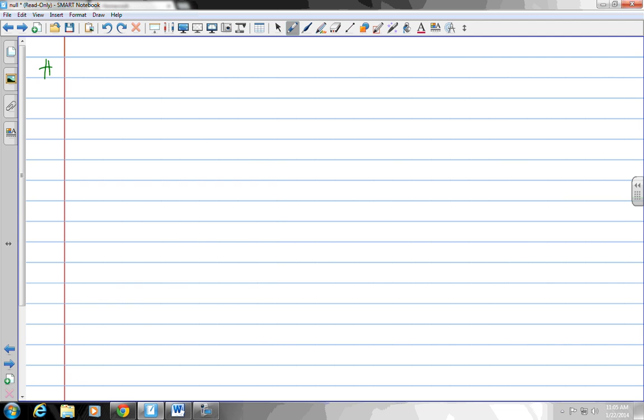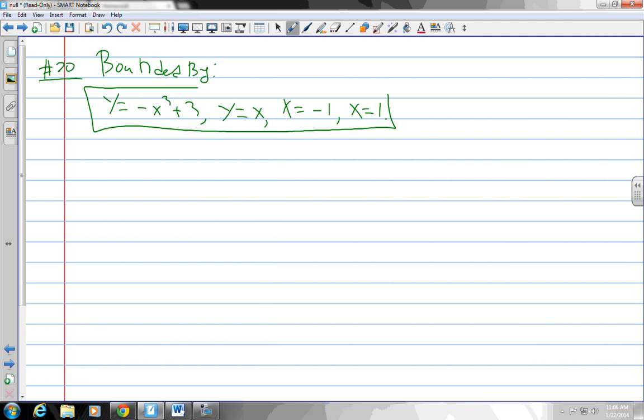This is number 20 out of your book. So the region bounded by y equals negative x cubed plus 3, y equals x, x equals negative 1, x equals 1. So it's the region bounded by all of that.